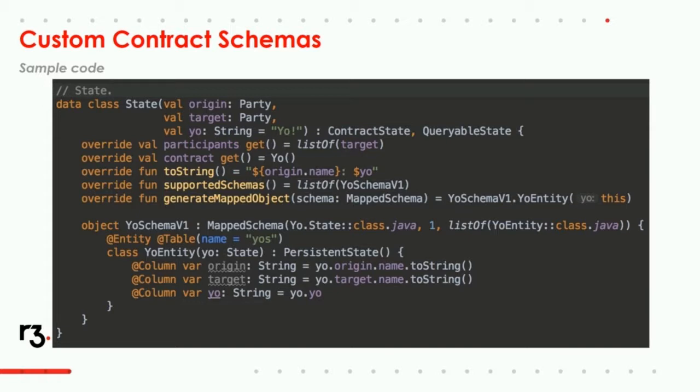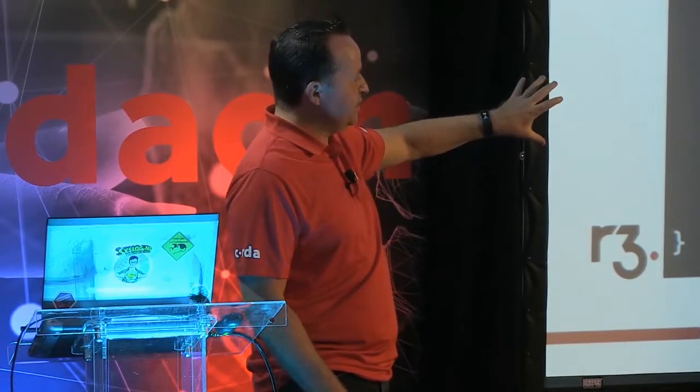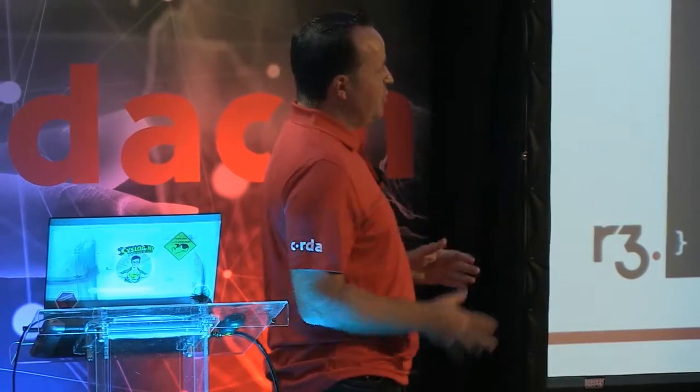Version 1 only has one entity called Yo entity. And the mapping in this case is as simple as it can get, because it's basically mapping an object, which is Yo, to the state attributes, which are the same ones as the state in the object. But in typical use cases, there'll be a mismatch between what's in the state of the object and what's in the database. And this is the mechanism by which you do that mapping.